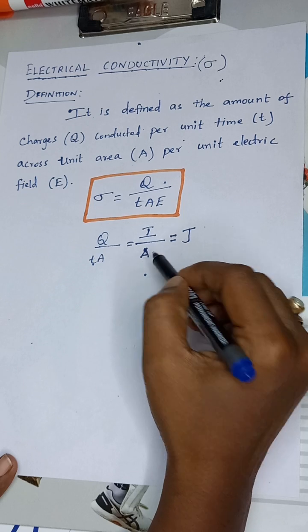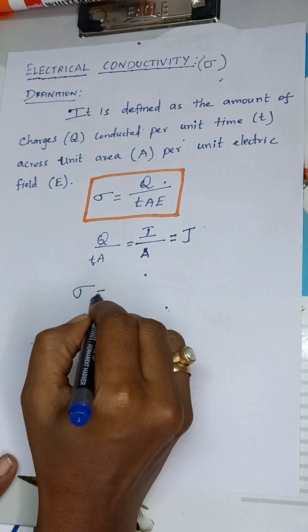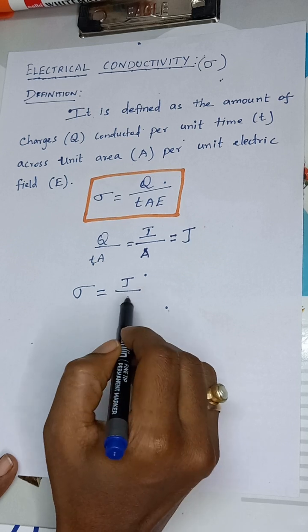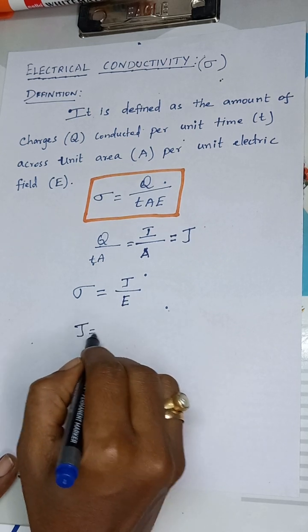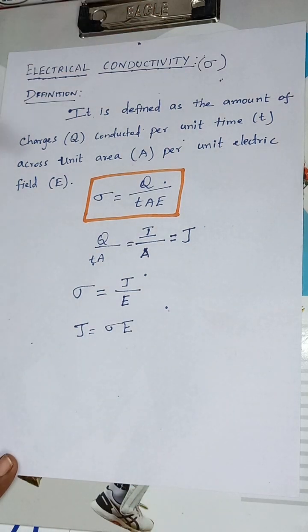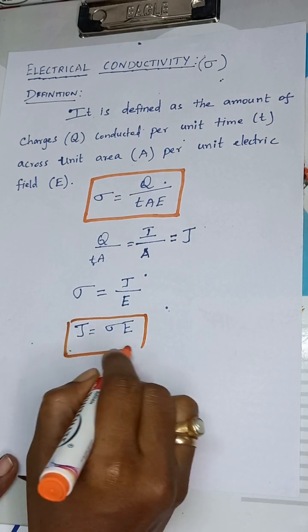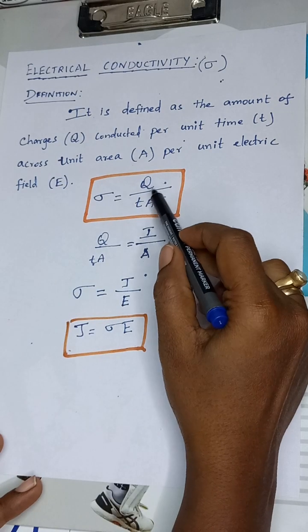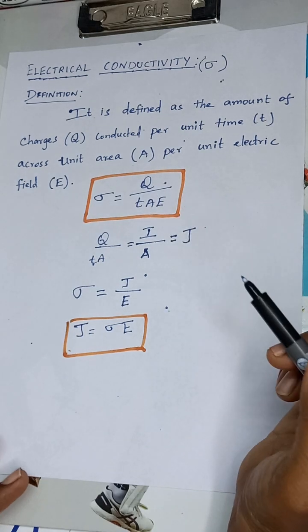So sigma can be written as J by E, or J is equal to sigma E. It's another form of Ohm's law.